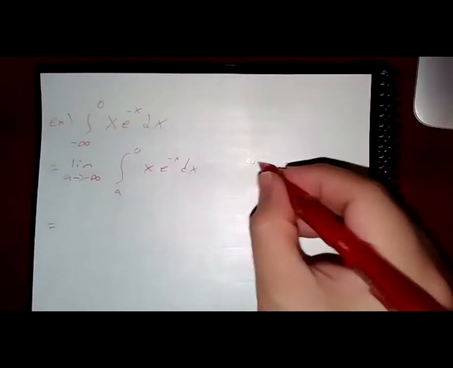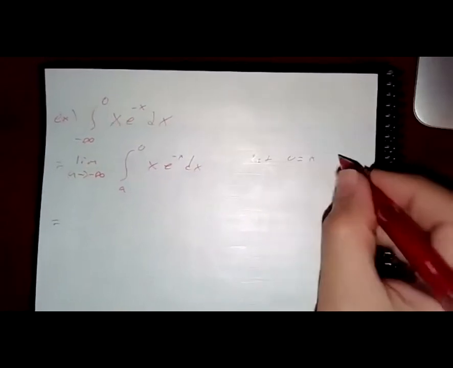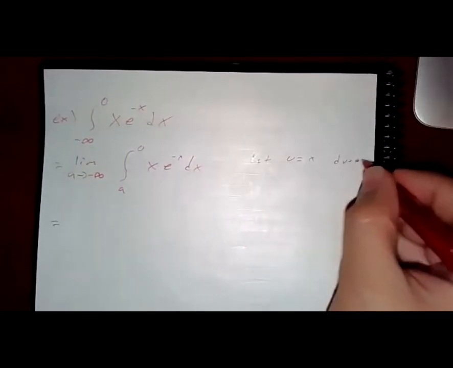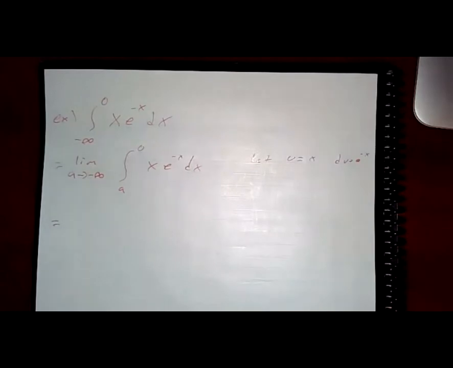So we're going to let u equal x, dv equal e to the negative x. I can't see that very well. Let me rewrite that.